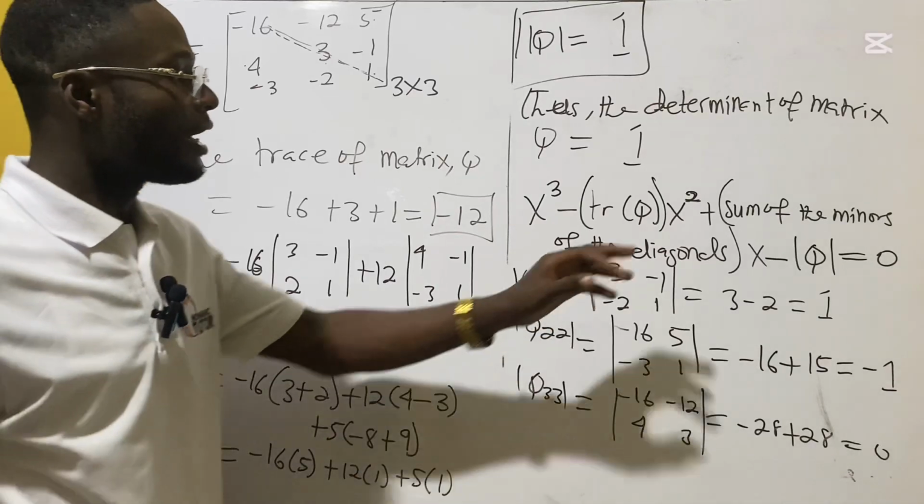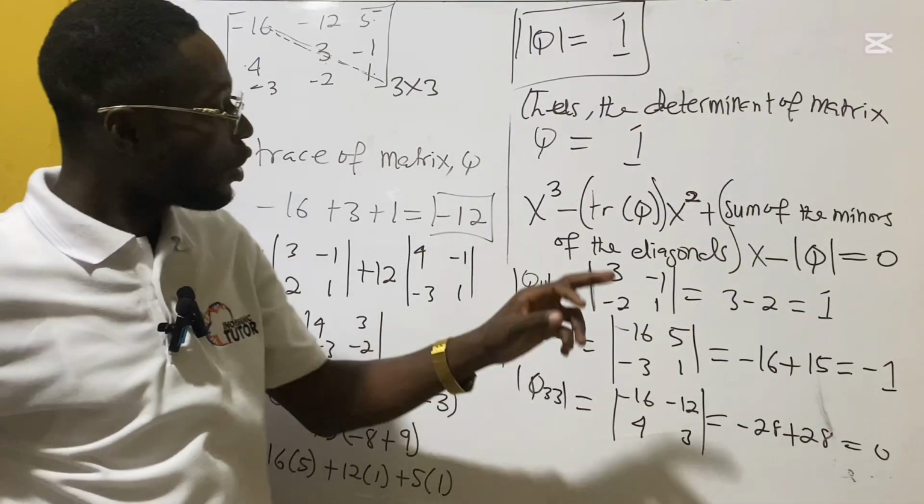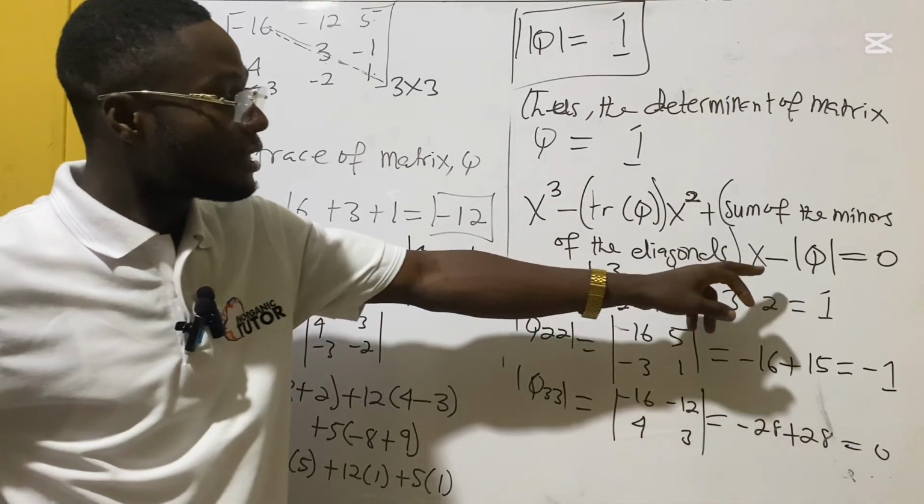So now we have the sum of the minors of the diagonals, right?